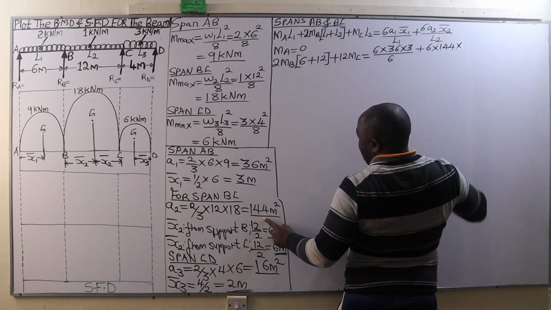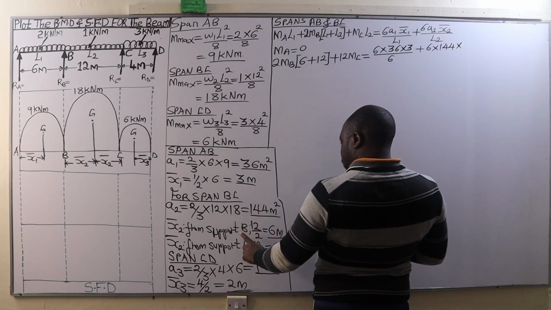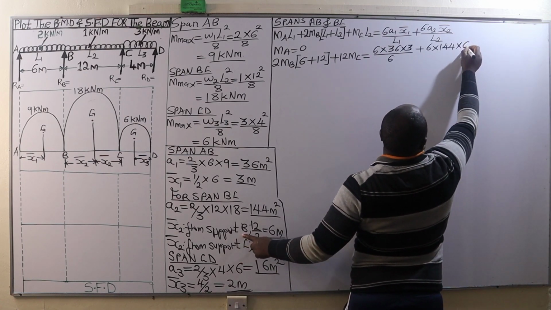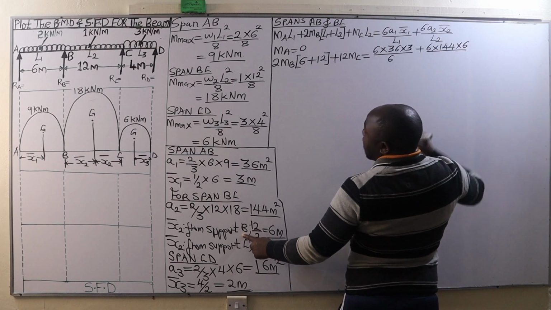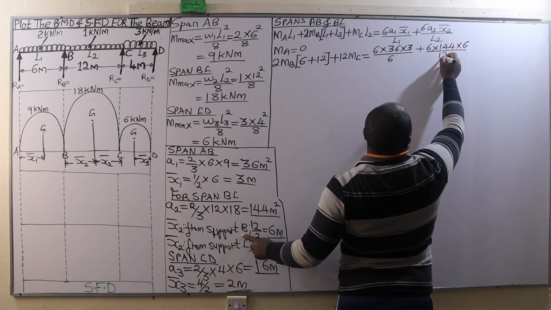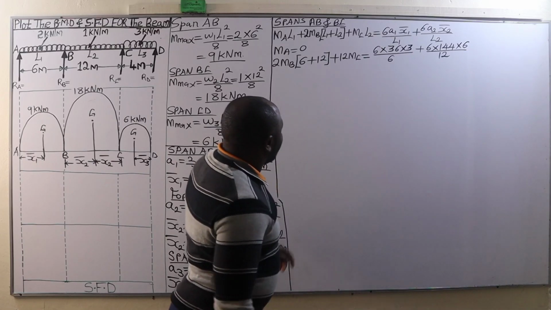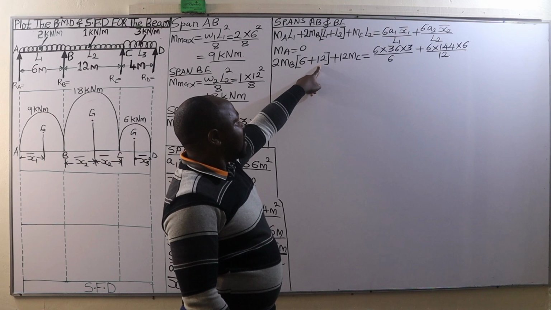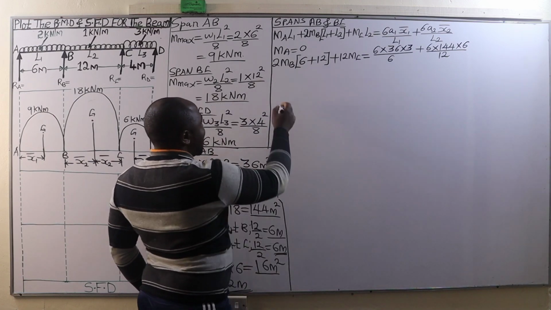We multiply that by x2, which is 6 meters from the support B. Divide by the span L2, which is 12 meters. So this is going to be 6 times 12, that is 18. 18 times 2, that is 36.